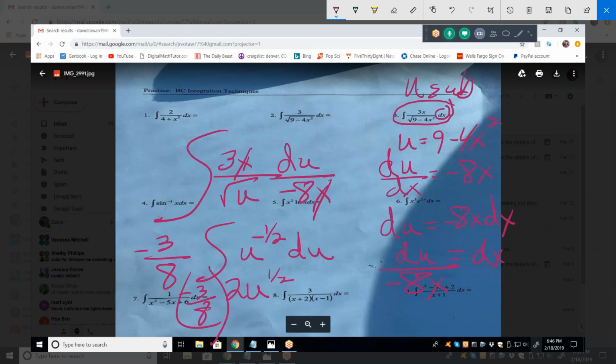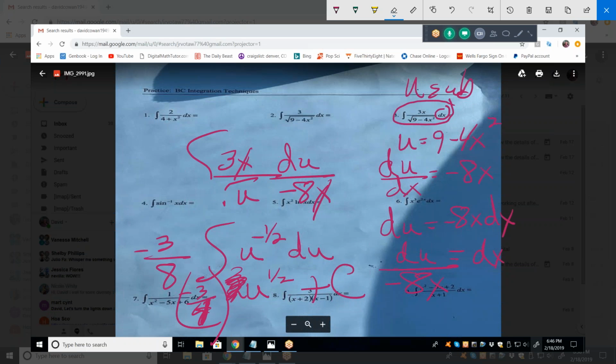So the final answer could be negative 6u to the 1/2 over 8 plus c. The negative 6 over 8 reduces to 3 over 4, so minus 3/4 u to the 1/2 plus c. And then you still have to go back in, because you don't want to give your answer in u.